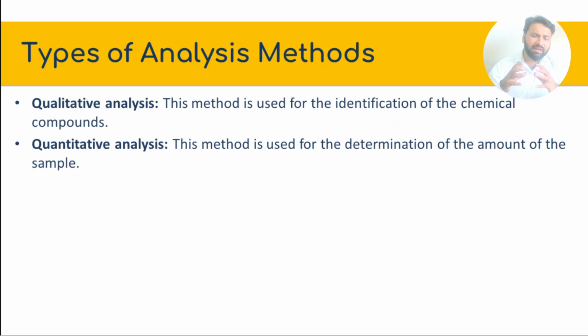This pharmaceutical analysis is mainly used for the separation of the component from the mixture, or we can say the analyte from a matrix, and also for the determination of the structure of the compound.